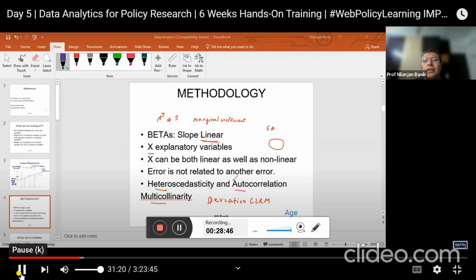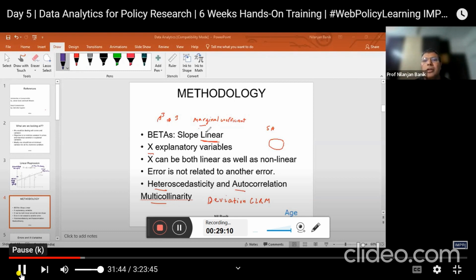And finally, we have this concept of multicollinearity. As I said, when we are trying to estimate this marginal coefficient, once I am trying to see the impact of the X1 variable on Y, I am assuming X2 or X3, which are the other explanatory variables, are constant.